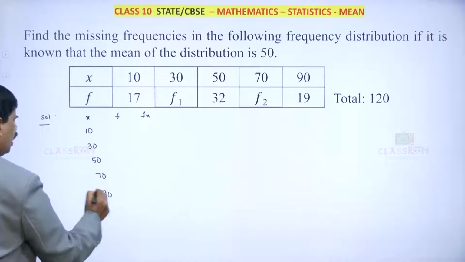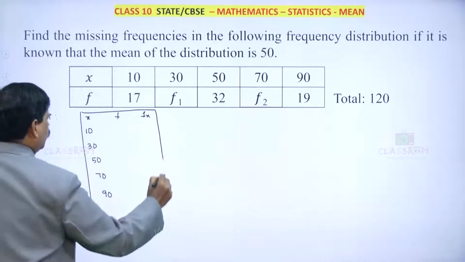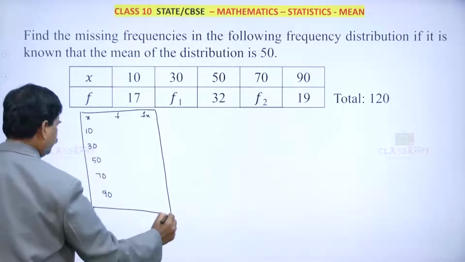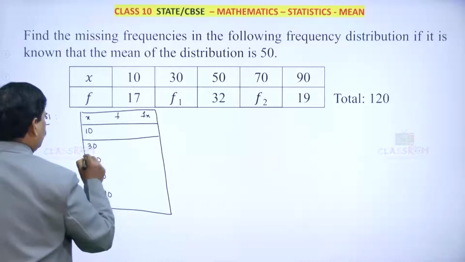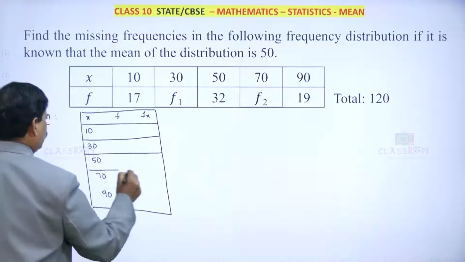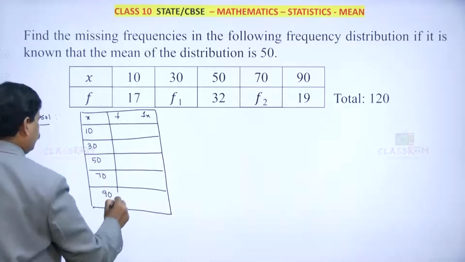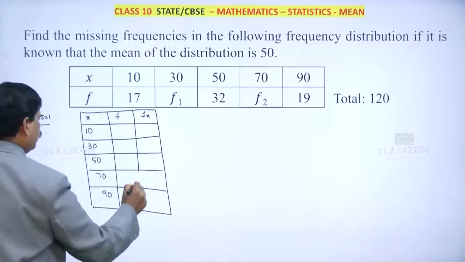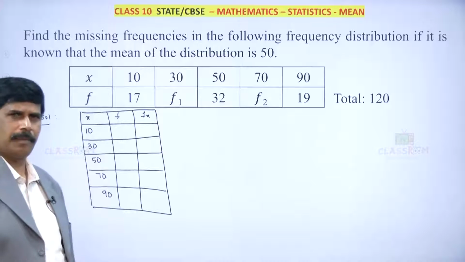These are the values we have with us. So make one table, children, to avoid the confusion. Okay, so this is x, f and fx.